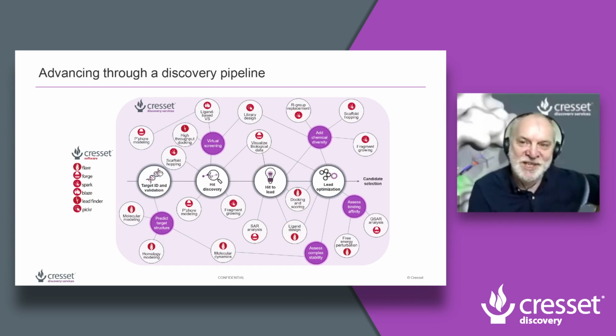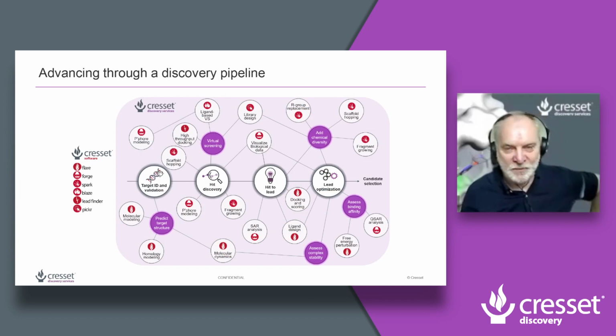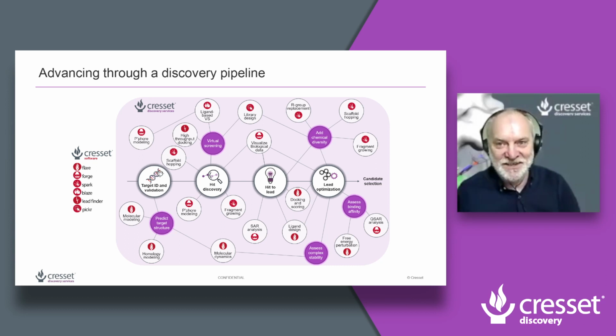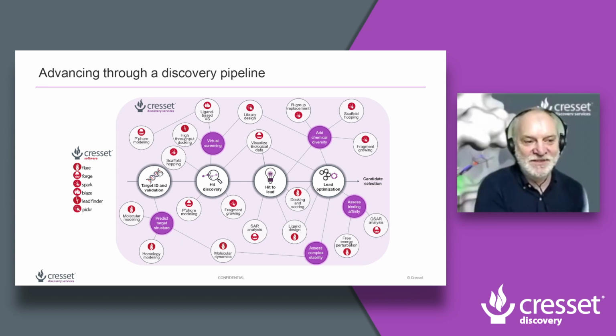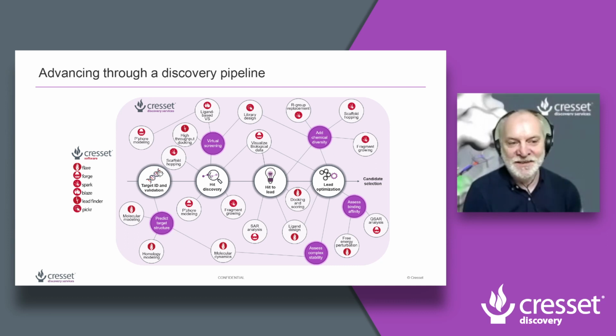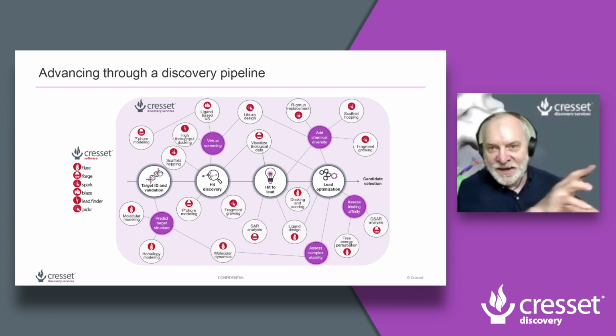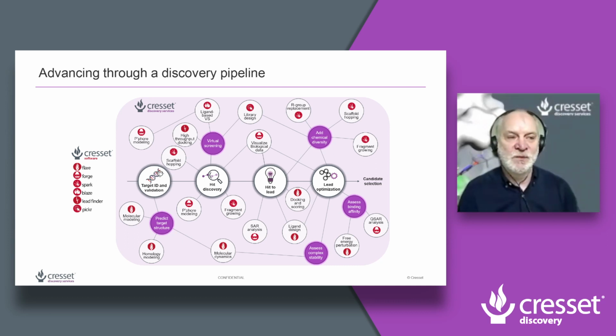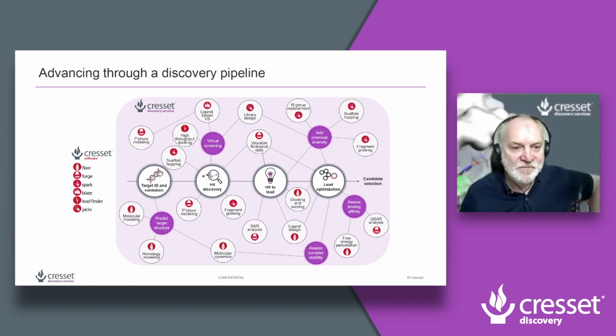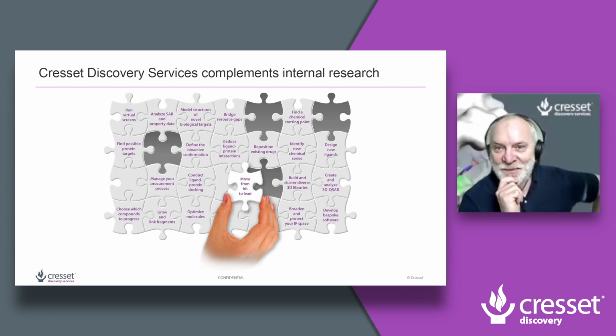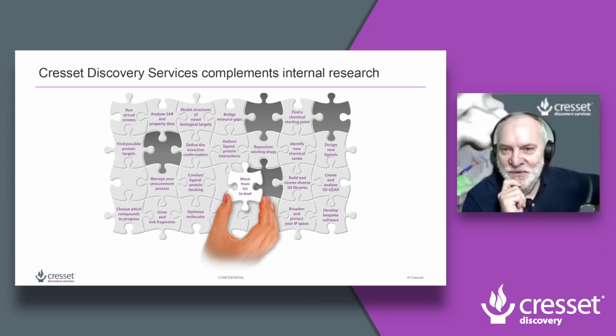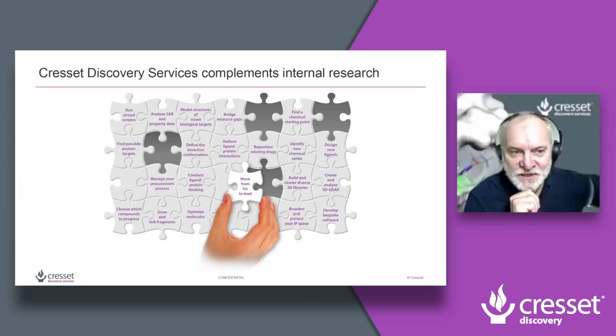In terms of a traditional view of the drug discovery process, which is very linear, you've got a starting point of target validation and then hit discovery. Again, there are lots of places in which our tools can be deployed across this discovery path, if you like. And this is another representation showing some of the things that we do. We do a lot of virtual screening.